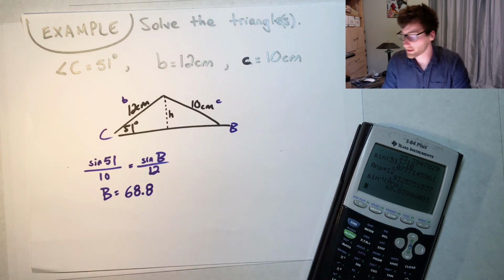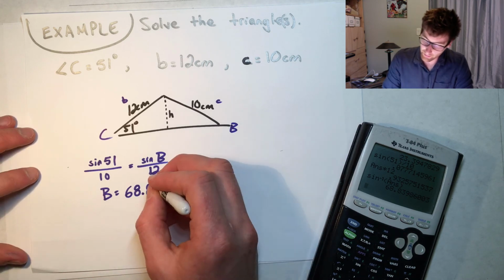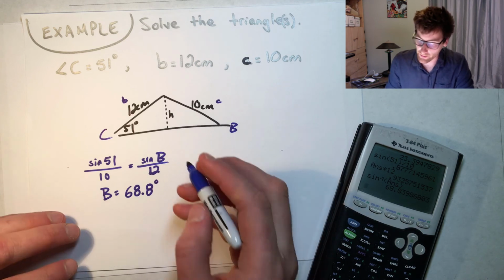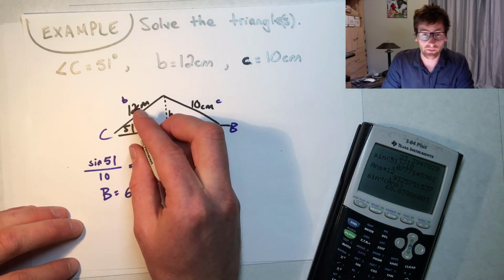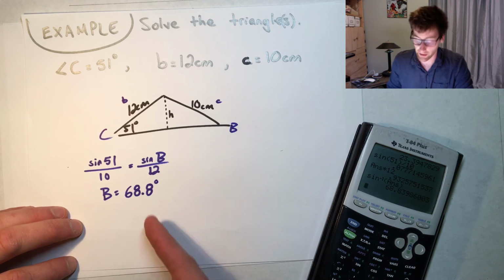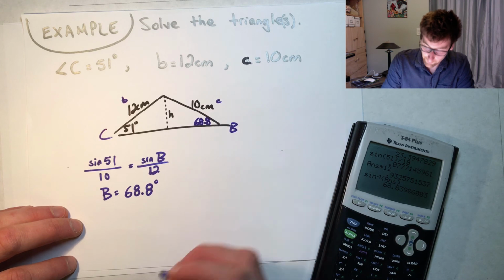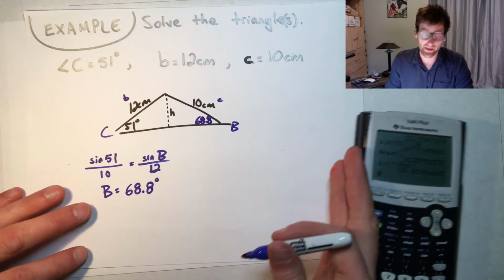All right, so we get a value of 68.8 degrees in there. So we know there's going to be 2 triangles. The reason why is because 10 is less than 12, and we didn't get an error message. So B is 68.8. What does that lead us to?